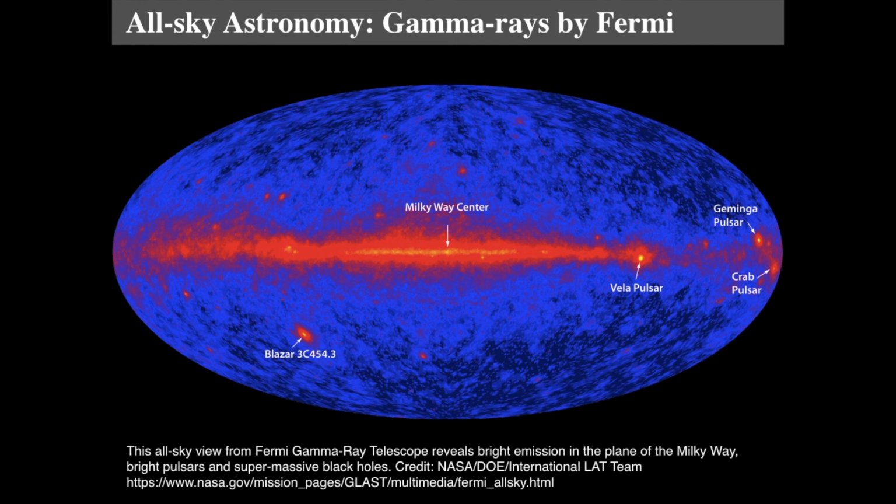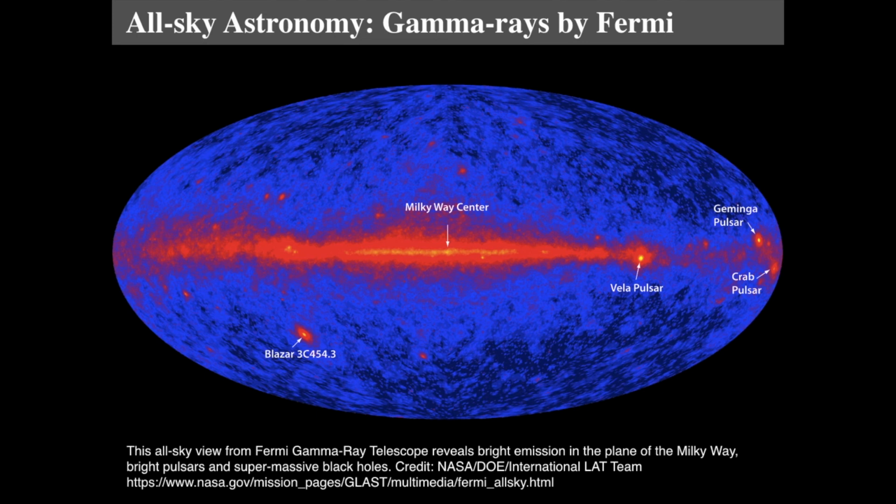So here we see the Milky Way center is extraordinarily bright. The Vela pulsar, which seems to be the thing we've seen left and right throughout here, is a pulsar emitting strongly in gamma rays. The Geminga pulsar is only visible in gamma rays. The Crab nebula is visible in gamma rays. And then you've got this funny thing, a blazar, which is looking down the barrel of an ultra-relativistic jet coming out of a supermassive black hole some billions of light years away.